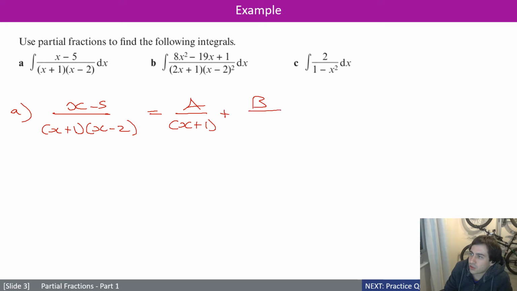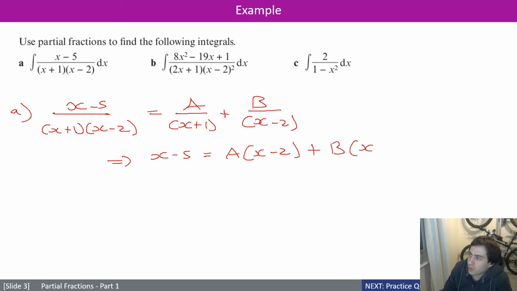This particular partial fraction I should be able to express in this form, which implies the following. And then I'm going to substitute x as 2, which gives me the following for b, and I'm going to substitute x as 1, which gives me the following.